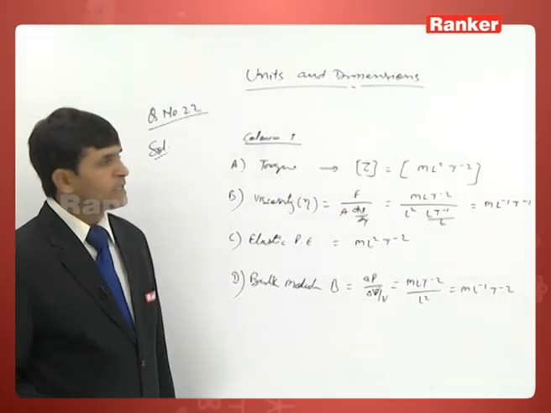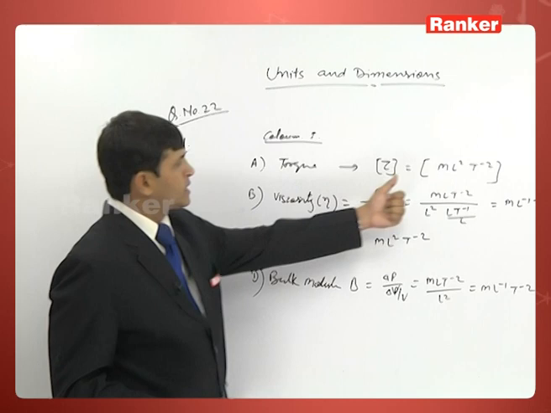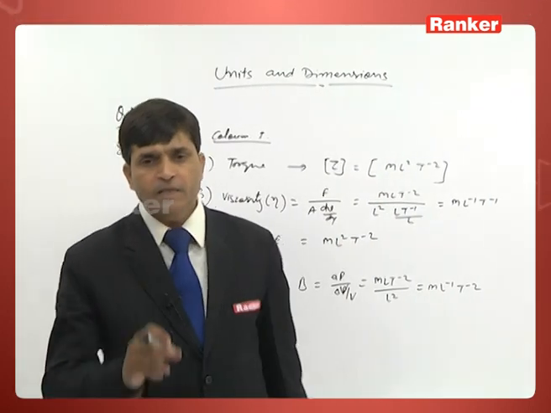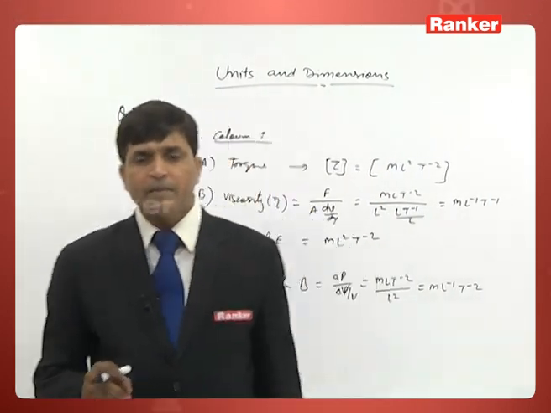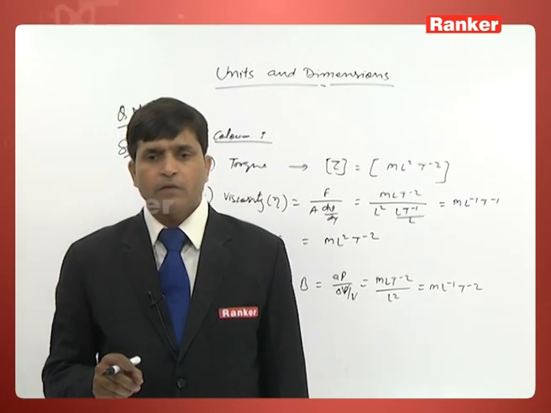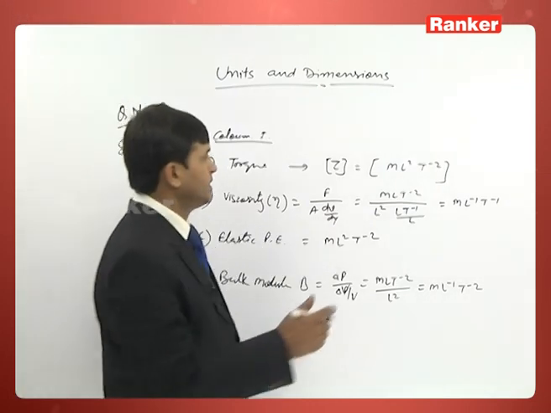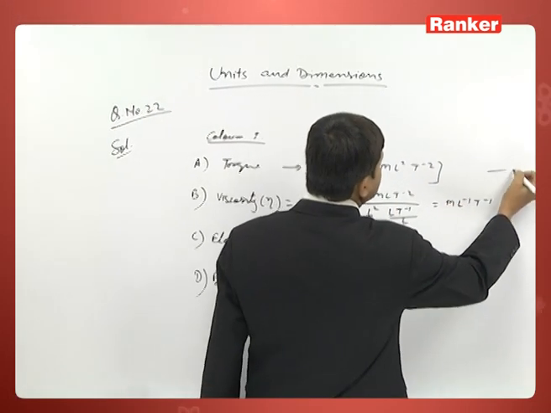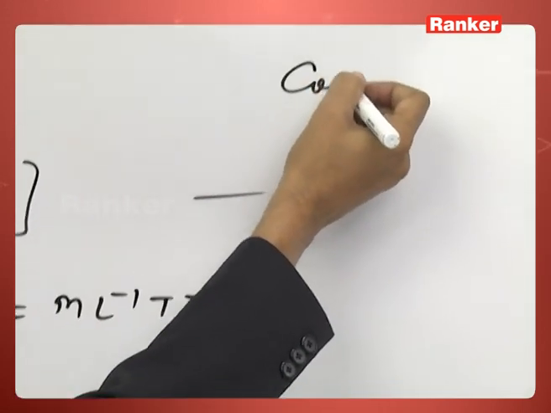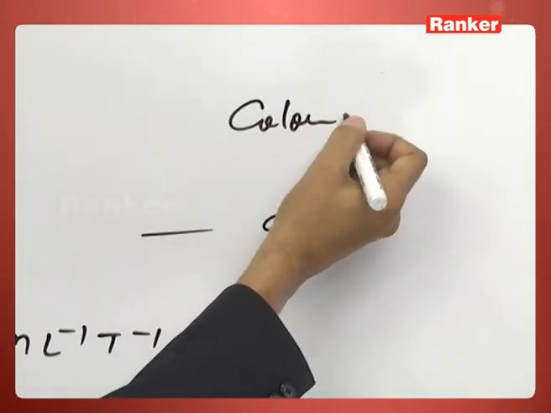Now we can select the options. Torque is M L square T minus 2. For C in column 2, M L square T minus 2, one option is Q. So A matches with Q in column 2.